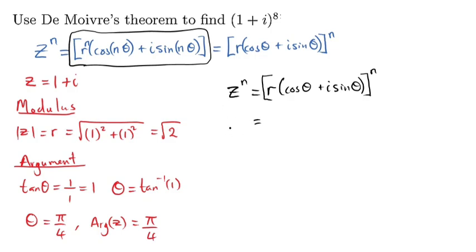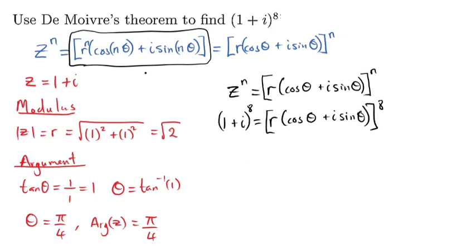So if I replace my n and my z, this is what I'll have. The complex number z is 1 + i, raised to the power 8. So I'll say r(cos θ + i sin θ), and all this is raised to the power 8.